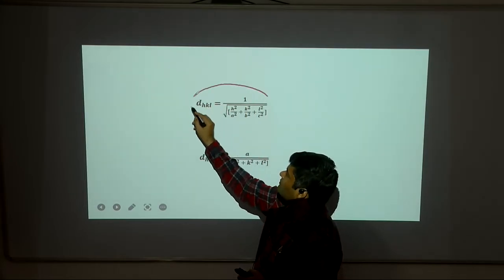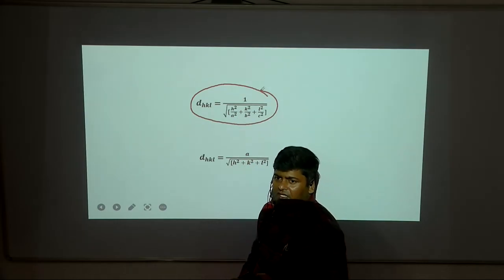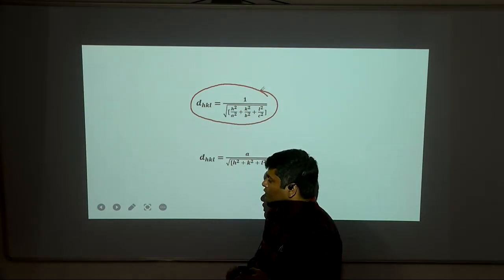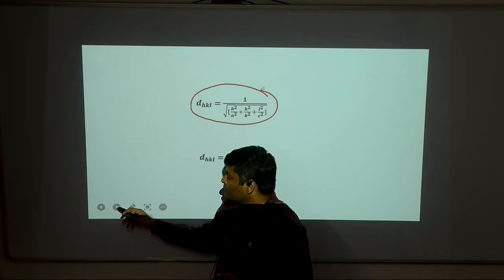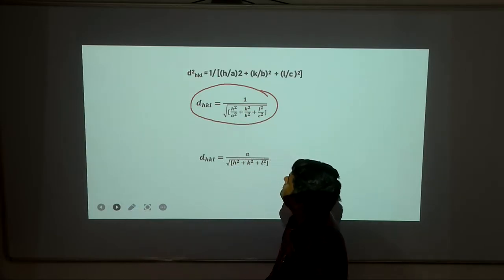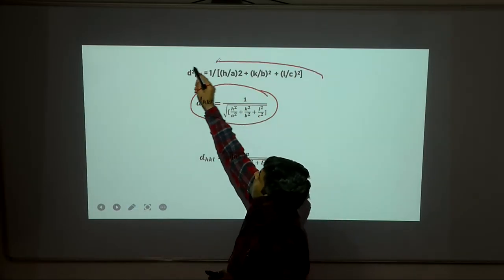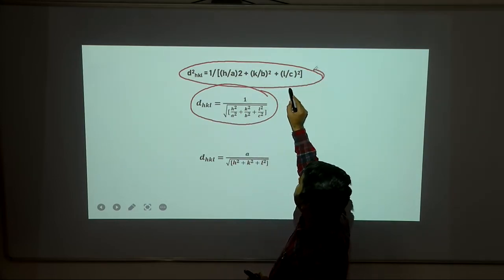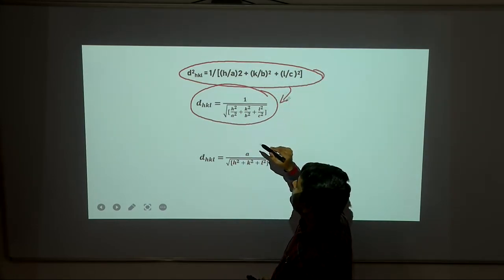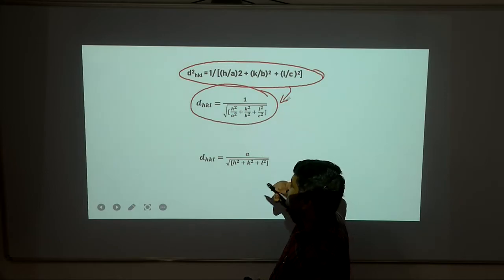So this is the final equation that we have to show. This was the previous equation, and if we take the square root of both sides, we get this final equation.